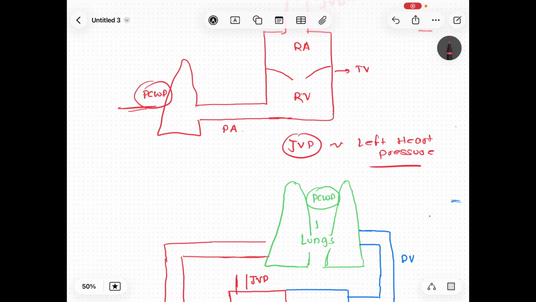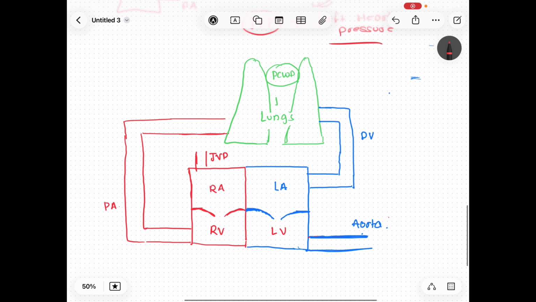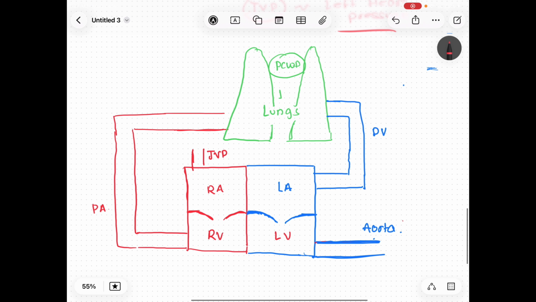To understand this, we need to understand this schematic diagram. This is the right heart: this is JVP, this is the right atrium, this is the tricuspid valve, this is the right ventricle, and this is the pulmonary artery draining into the lungs. Pulmonary veins originate from the lung and drain into the left atrium. The left atrium drains into the left ventricle.